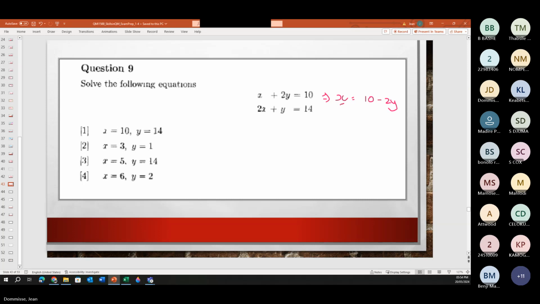Now I have a value for x, so I can substitute x in that formula. So I have 10 minus 2y plus y is equal to 14.